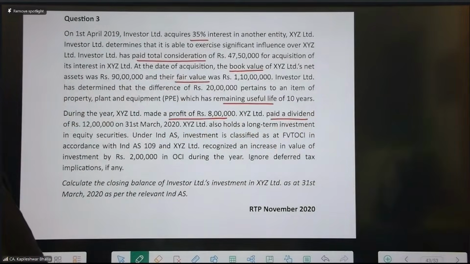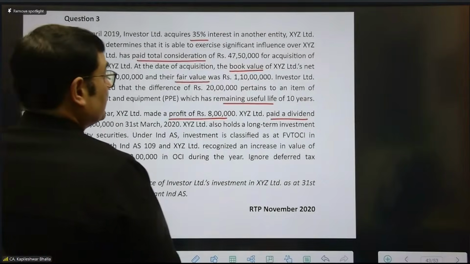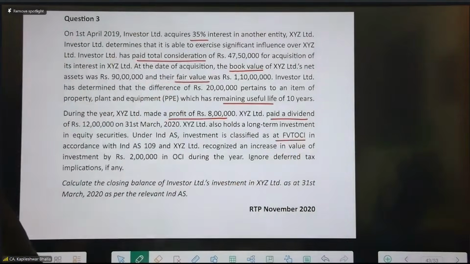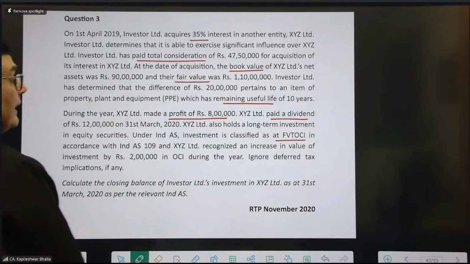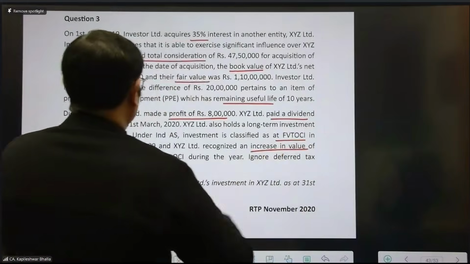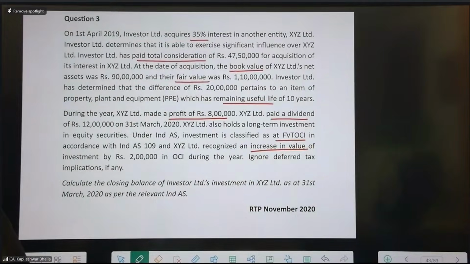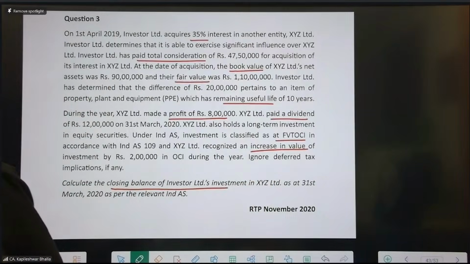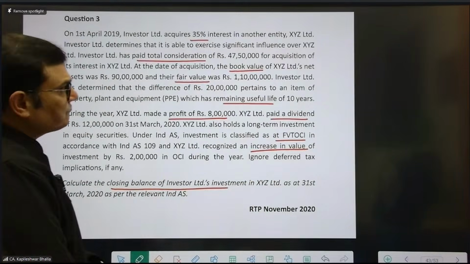Then it has also got long-term investments in equity securities. Under Ind AS, the investment is classified as fair value through OCI in accordance with 109, and they took the increase in value of 2 lakhs in OCI, ignoring deferred tax implications. Calculate the closing balance of the investor's investment on March 2020.